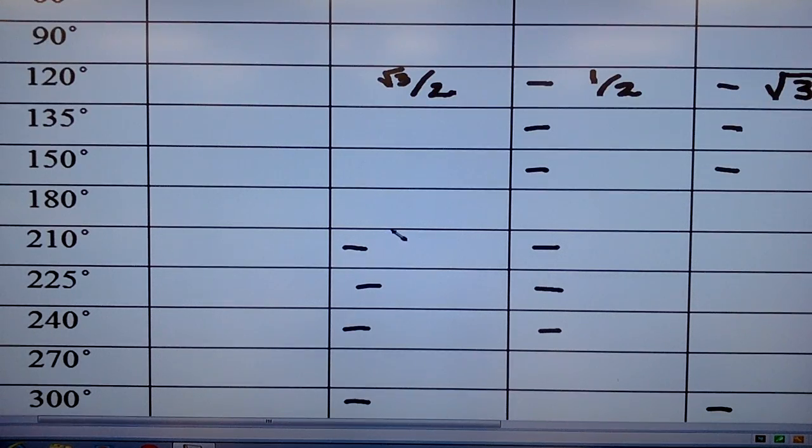So sine of 30 was 1/2. Cosine of 30 was radical 3 over 2. And tangent of 30 was radical 3 over 3. Again, you are responsible for completing the remaining three trig values and also the remaining two angle measures in quadrant 3. Follow the same exact procedure that we did to find 210.